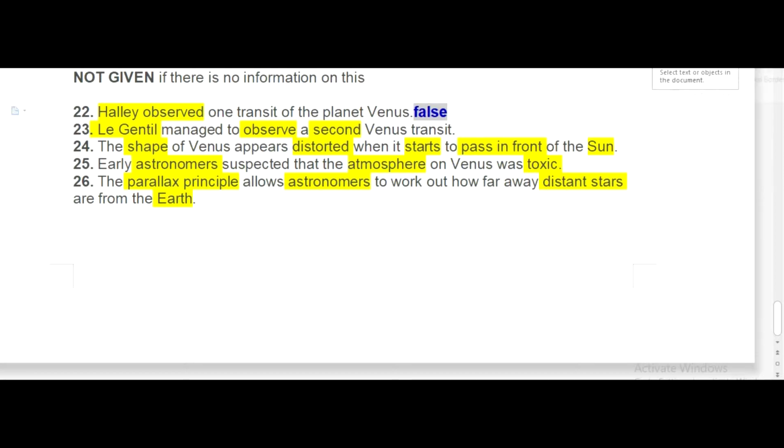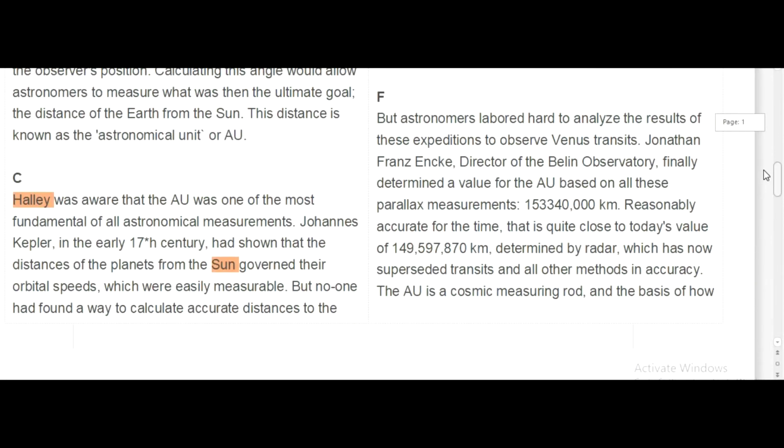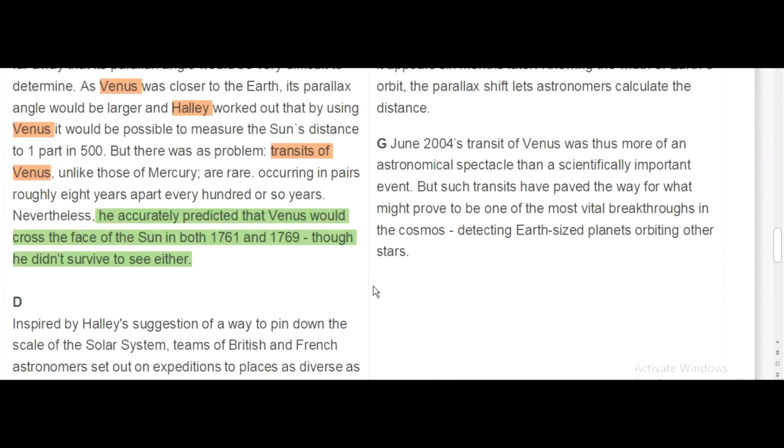Take a look, because it says that he didn't survive to see either. He actually died. He never had the chance to observe this transit.